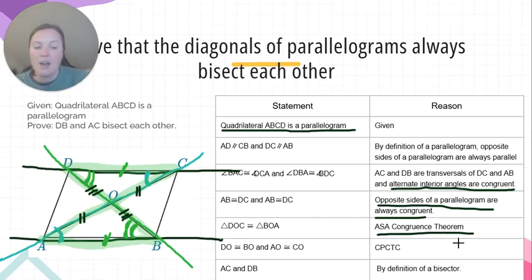Once we have the congruence of a triangle, we can apply the CPCTC theorem that shows that DO and BO are congruent, and that AO and CO are congruent. And because they're congruent, then we know that AC and DB are bisectors. So this is just everything we've talked about broken down step by step, almost step by step.